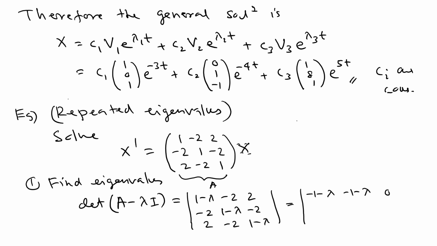Then you can also add row 3 to row 2 to get a 0 here. So you get -1 minus lambda again, and then you have 2, -2, and 1 minus lambda. This is equal to 0.